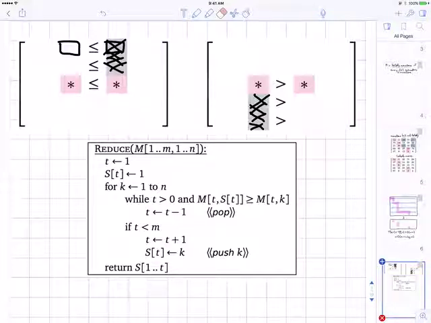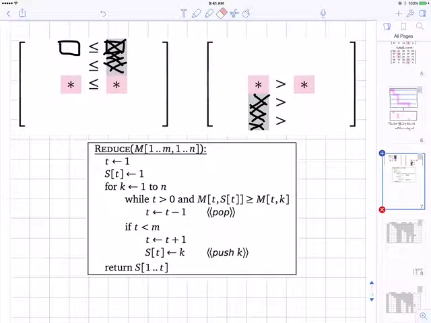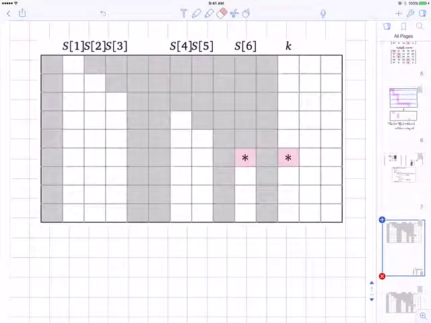So rather than walking through the technical details of this algorithm line by line, which, as you could probably guess, I will probably mess up, I'm just going to show you pictures of the algorithm in progress to kind of explain intuitively what's going on.